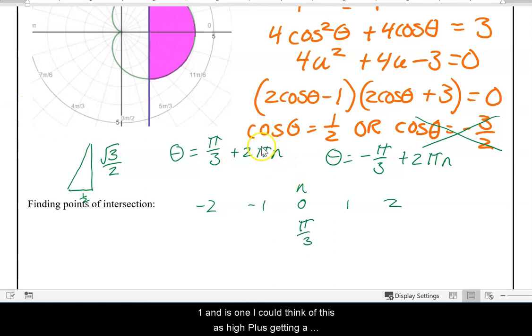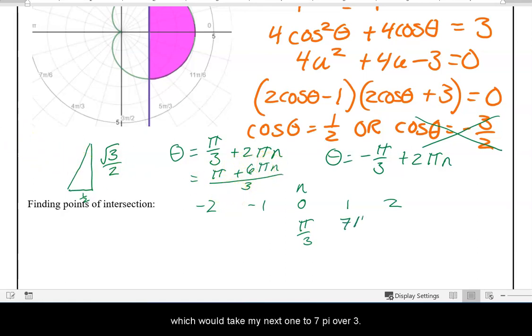When n is 1, I could think of this as pi plus, getting a common denominator of 3, 6 pi n all divided by 3. That would add on an additional 6 pi n over 3, which would take my next one to 7 pi over 3.